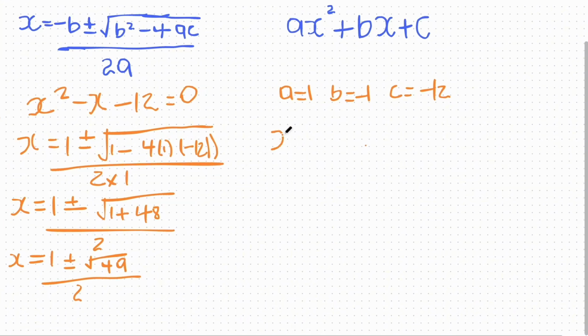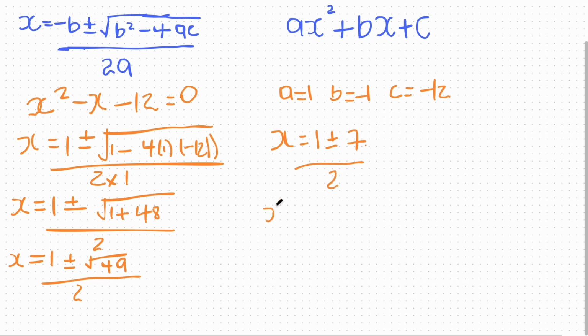So x is equal to 1 plus or minus the square root of 49, which is what? 7 over 2. Let's now break up our equations.